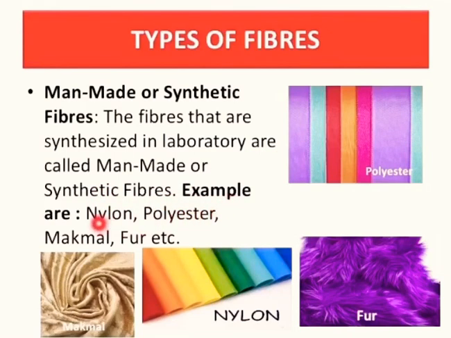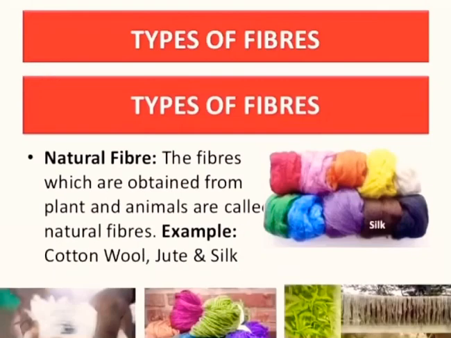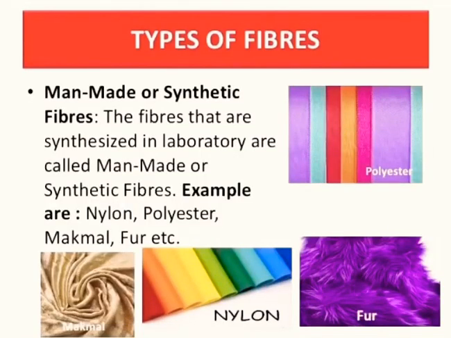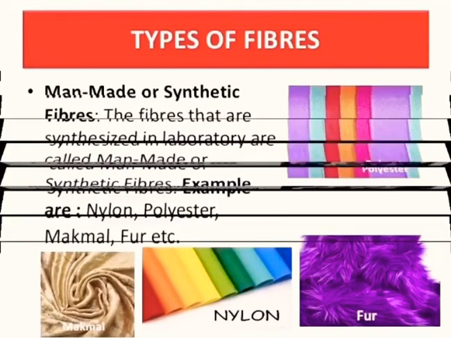For example, nylon, polyester, and so on. So what we got to know is that the fibers we get from plants or animals are called natural fibers, and those which are synthesized or made in a laboratory are called man-made fibers.